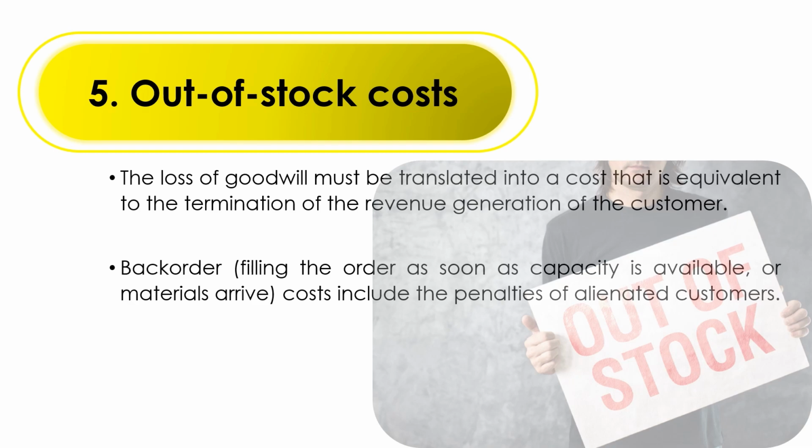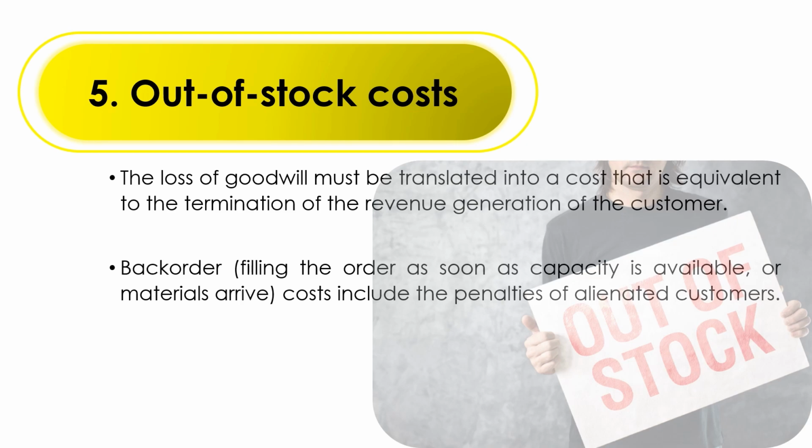Now we go to out of stock costs. So, for example, when the firm does not have stock to fill an order, there is a penalty to be paid. Perhaps the customer goes elsewhere but will return for the next purchase. Then the penalty is only the value of that order that is lost.